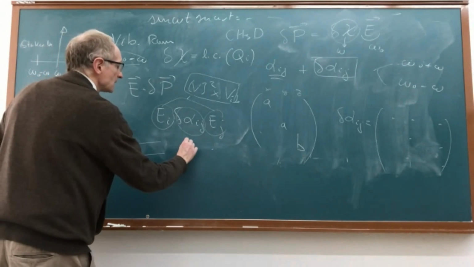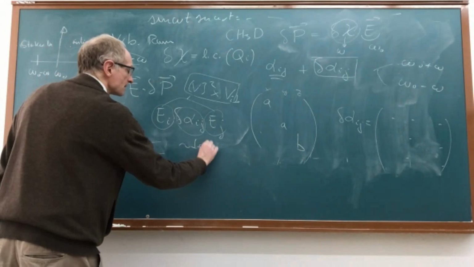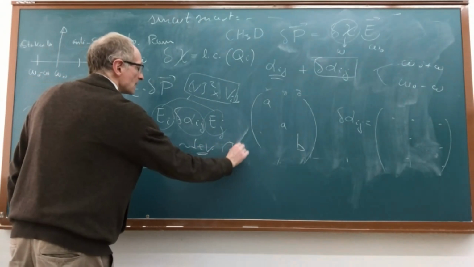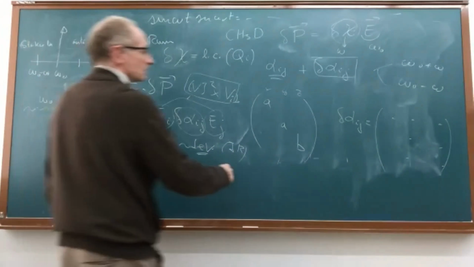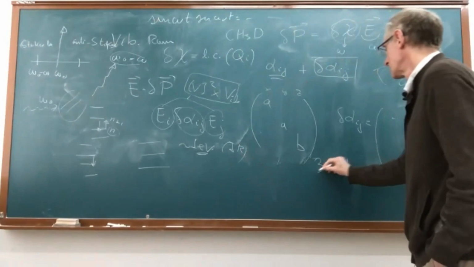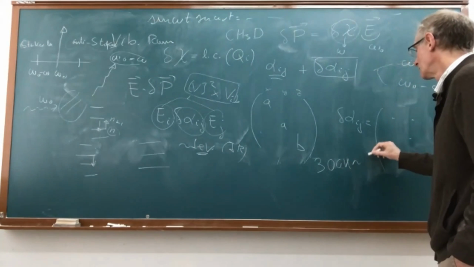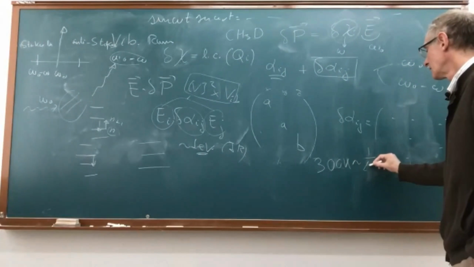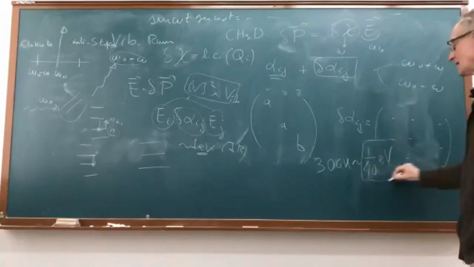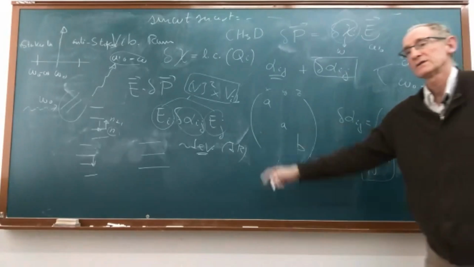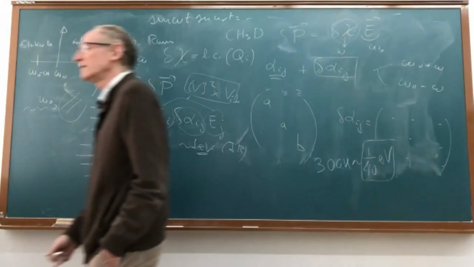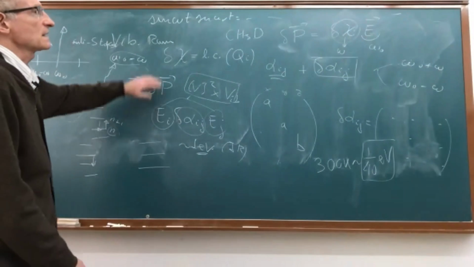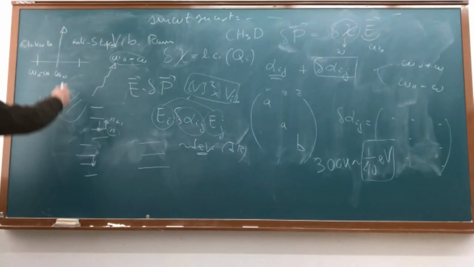The vibrational energies are of the order of 1 eV. Okay. And room temperature, as you know, is 300 Kelvin. The 300 Kelvin is about 1/40 of an eV. Much lower than this. So at room temperature, there are very, very few molecules in an excited vibrational state. So anti-Stokes is extremely hard to observe.